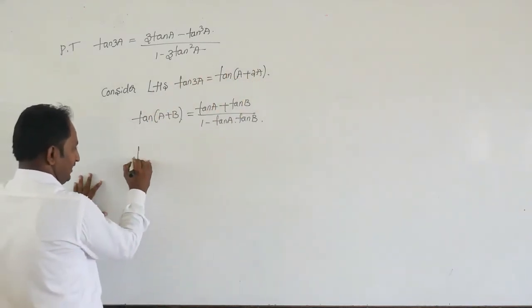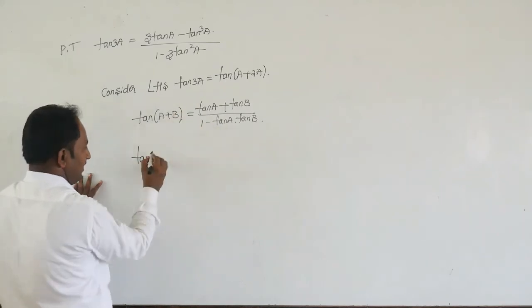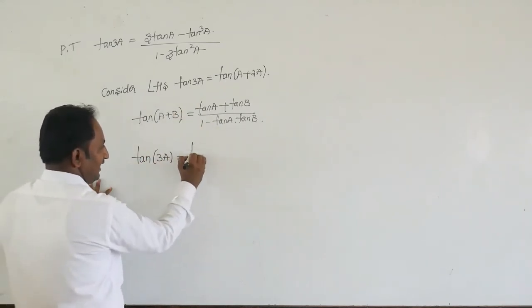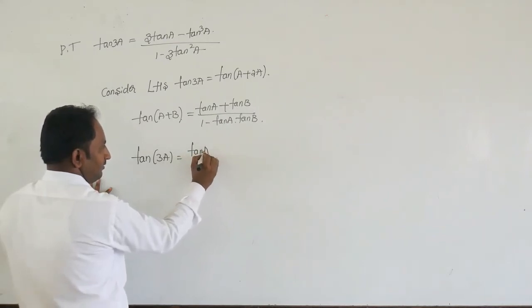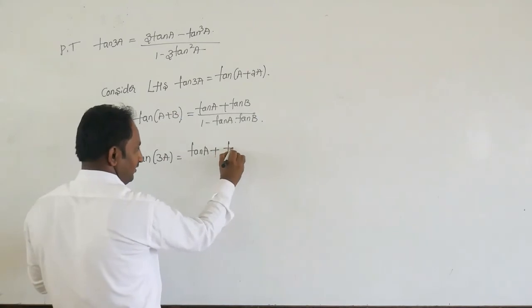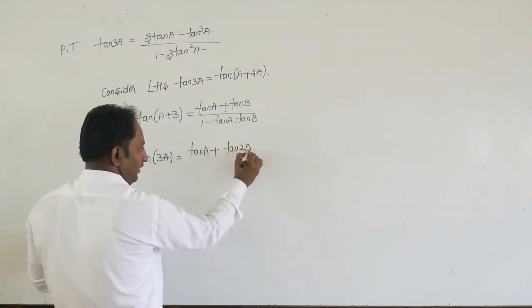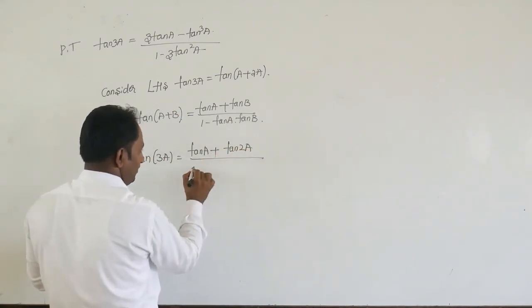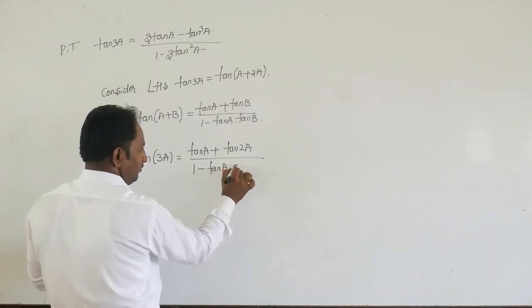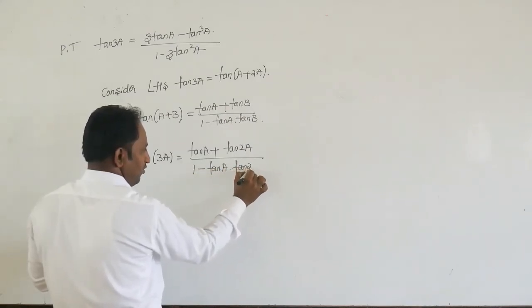So tan of 3A is equal to tan A plus tan of 2A, whole divided by 1 minus tan A into tan of 2A.